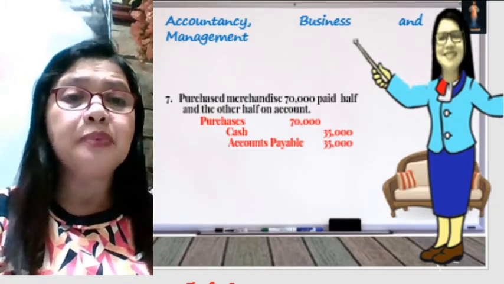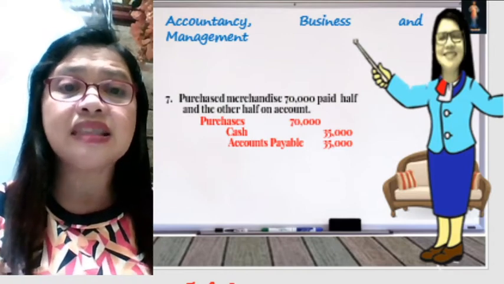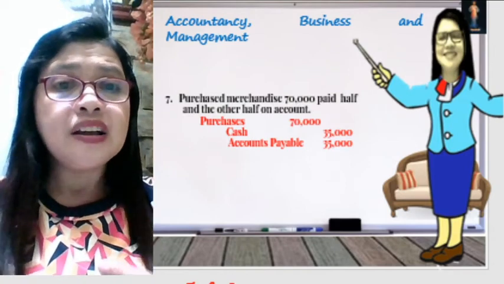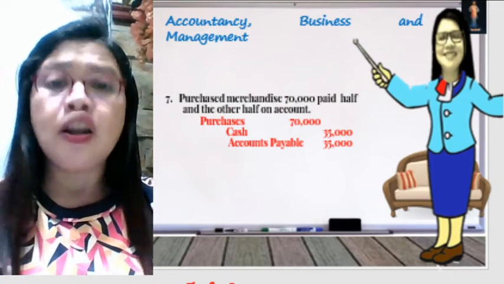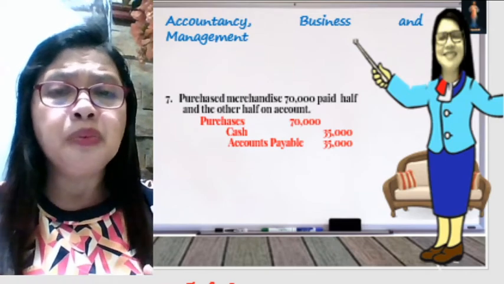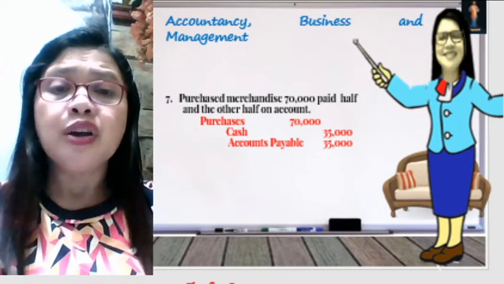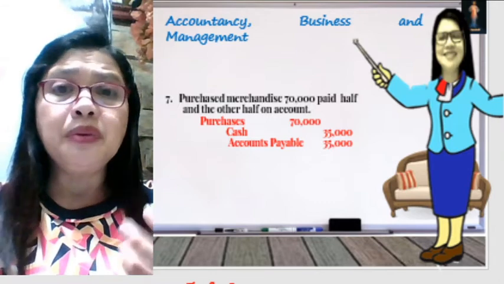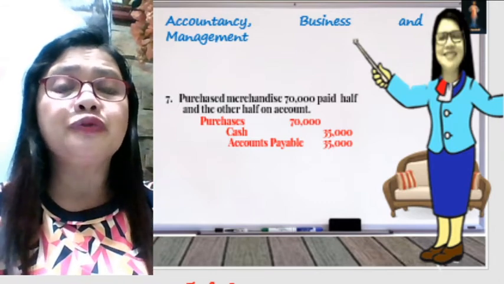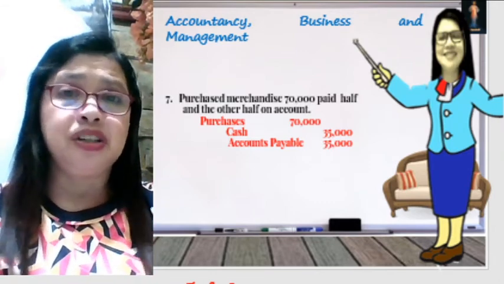Next, we have purchased merchandise 70,000, paid half, and the other half on account. So we use the purchases account when we purchase goods to account for the cost of the goods that we bought.